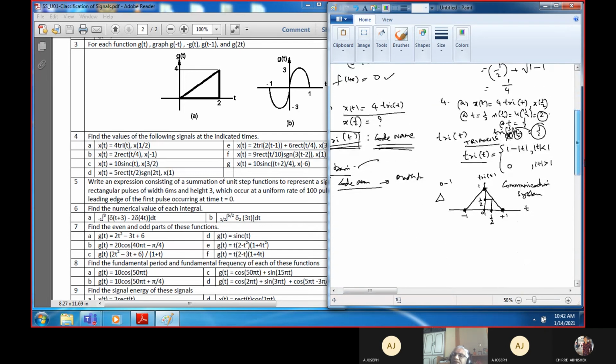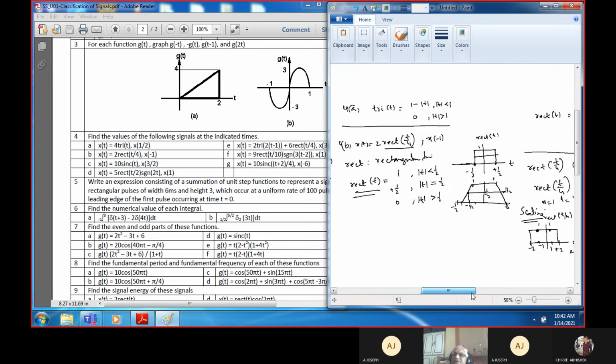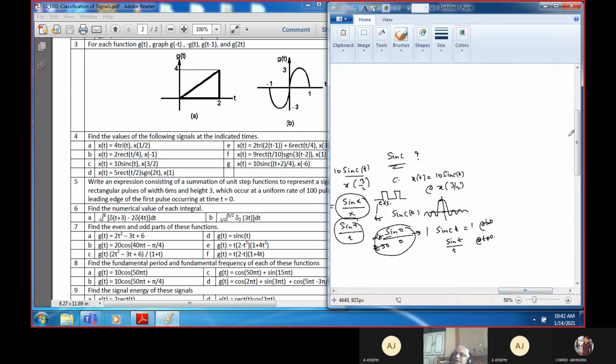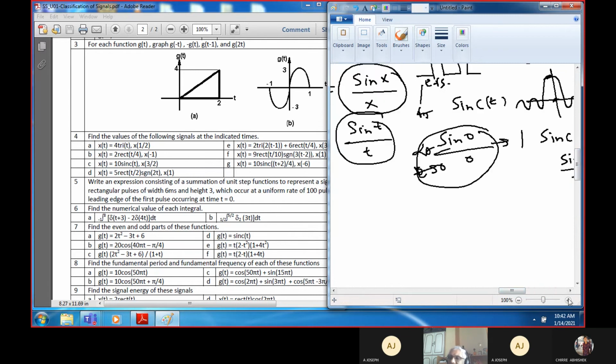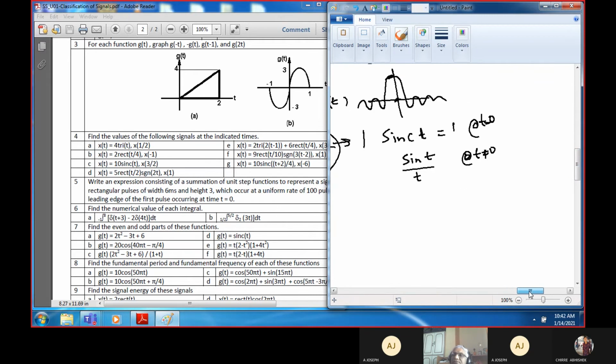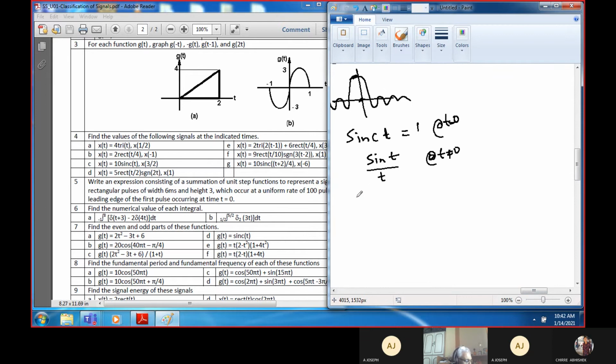Now let us go back to the sinc function. So let us first define the sinc function. Please write down. The sinc function is defined as sinc of t. There are two ways of defining this. One way is you will simply call it sin t by t.